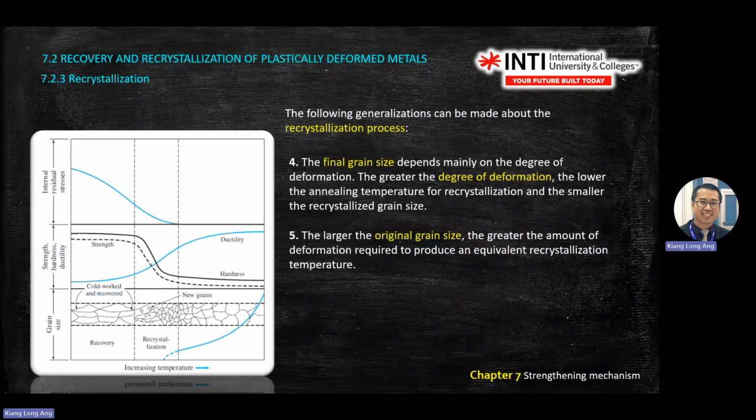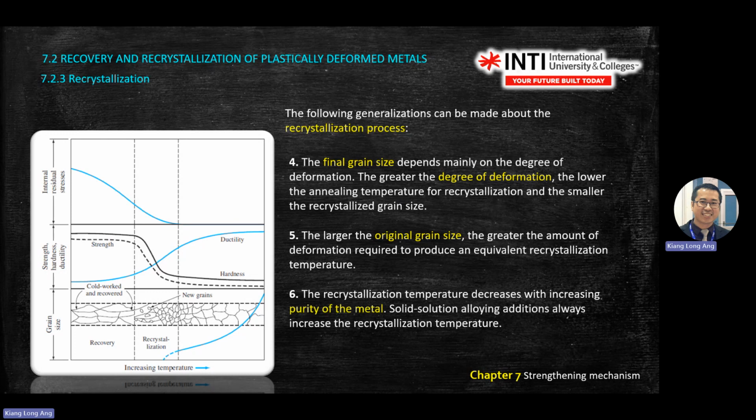I will ask you in test 2, question 2, to describe how the recrystallization process happens. You need to mention these 5 points plus this diagram. Yes. Okay. 6 steps. Okay. So this one.